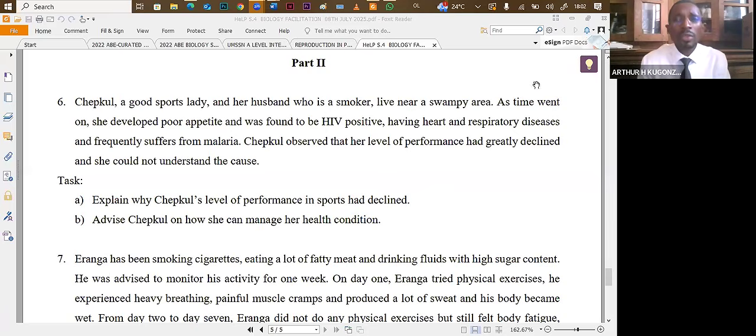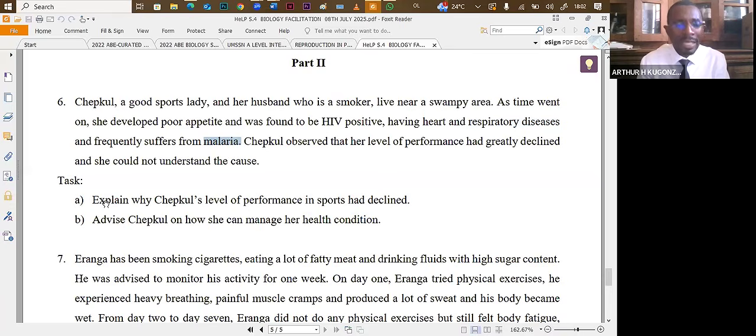When you read through, you'll find that she had a poor appetite. So poor appetite becomes our point number 1. Then HIV positive becomes point number 2. Heart diseases, point number 3. Respiratory disease, point number 4. Suffering from malaria, point number 5.